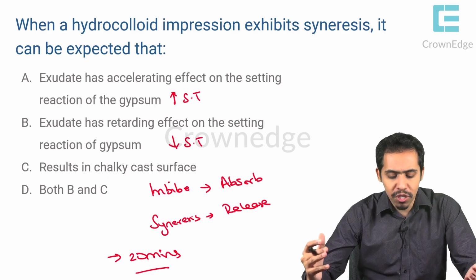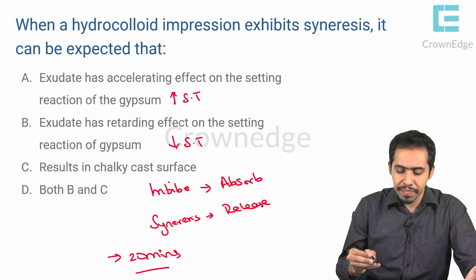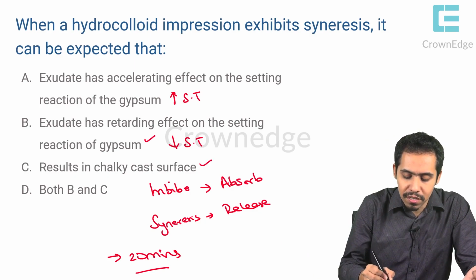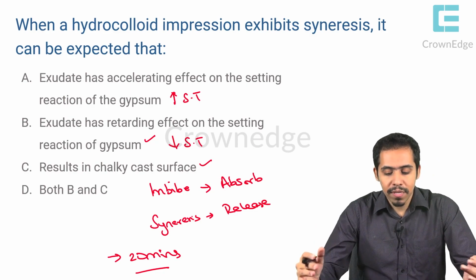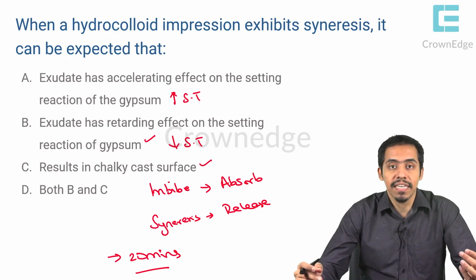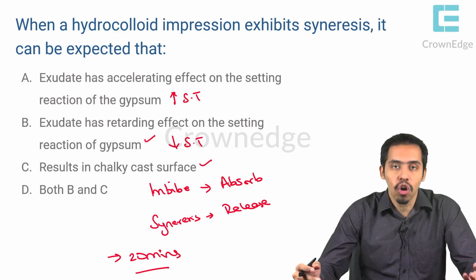All right. So option B technically is right along with option C. Both that syneresis has a retarding effect on the setting time, the setting time decreases, is correct, along with the fact that it gives you a chalky surface.